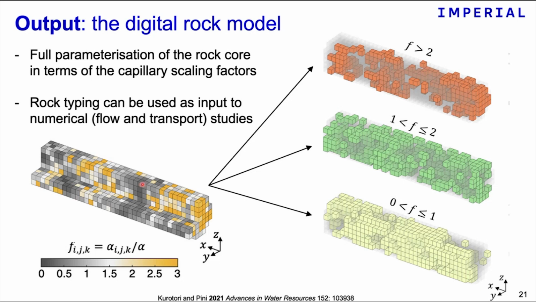For instance, this information can be used to identify different types of rock or features in your sample, as we've done as an example in this slide here, where we identified regions of the sample within a specific range of this capillary scaling factor, which might be useful when it comes to an upscaling exercise where you want to simplify the description of heterogeneity in your system.